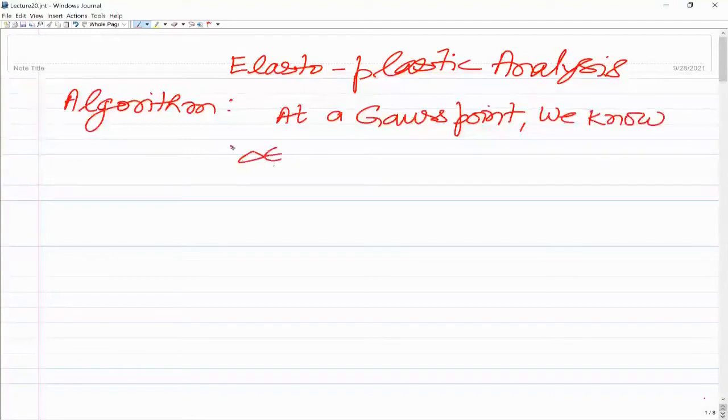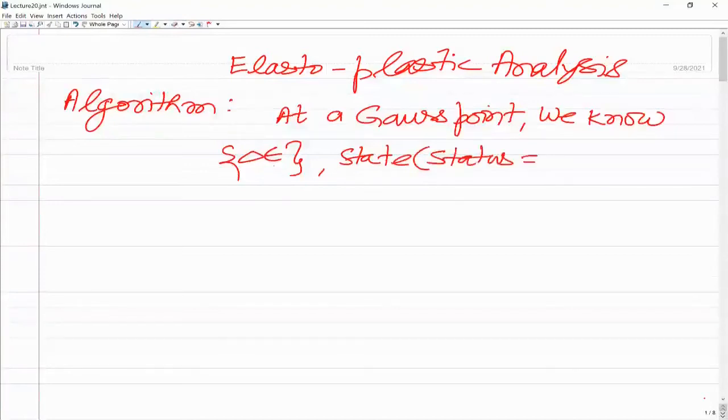So see, we know the delta epsilon and the state, and the state would be in the form of a status variable. So either status is equal to elastic, that means in the previous iteration the point was elastic, or plastic. So this information would be given.